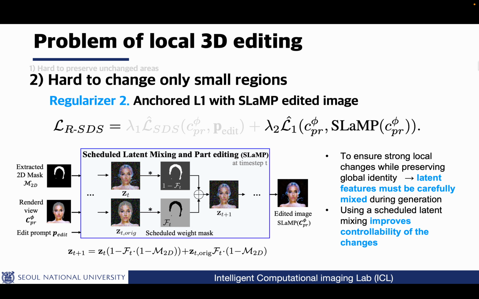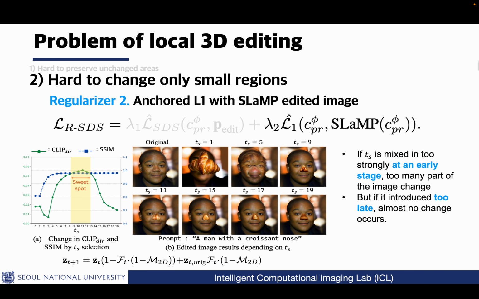The latent z_t contains rapidly changing information that reflects the prompt, while z_t^orig consistently preserves the original image information. By combining these two different sources of latent information across time steps, the method achieves the following formulation below the pipeline. And here, the factor f_t plays a crucial role.